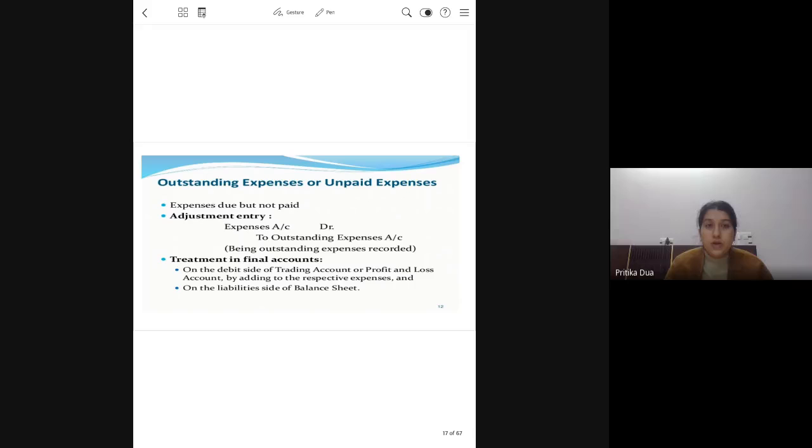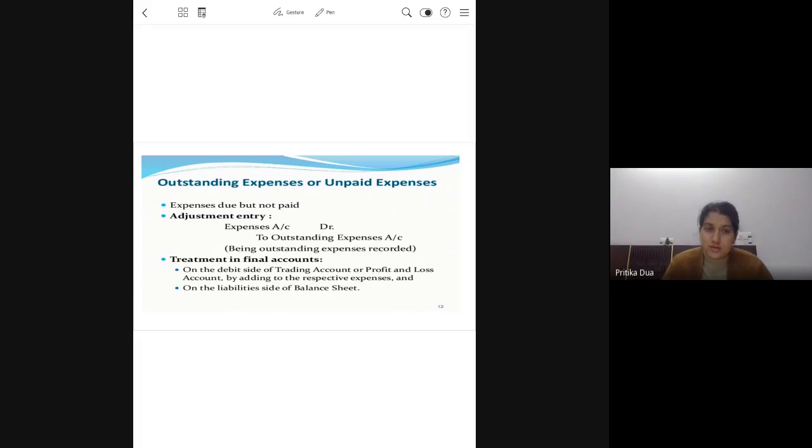Okay, so just have a look at the slide. The expenses are due but not yet paid. So the entry, now you don't need to memorize the entries. Just understand that it is the outstanding expenses which are added to the expense account.